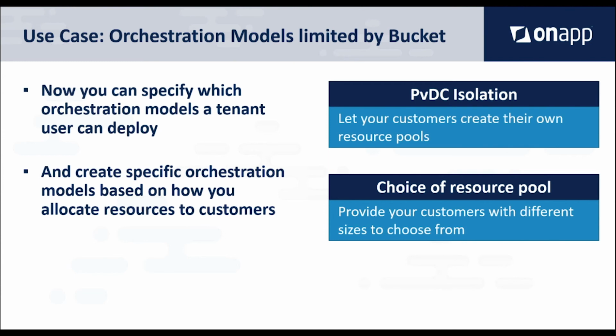A good example of uses for this would be if you wanted to restrict which PVDCs your technicians or even customers can create org VDCs on. This can be used for complete separation of physical compute between customers if required, or even just to provide your customers with the ability to select and customize their own resource pools based on your defined limits.